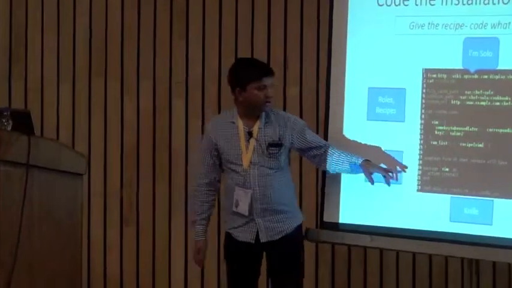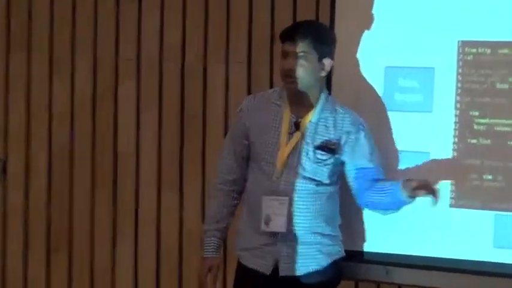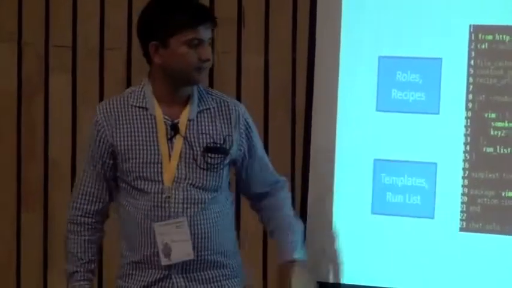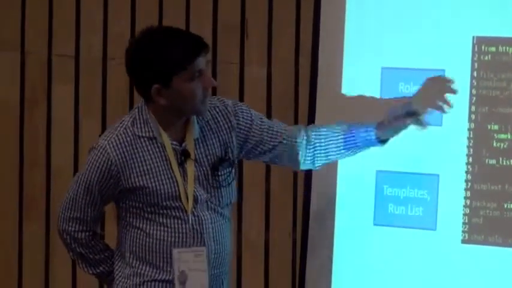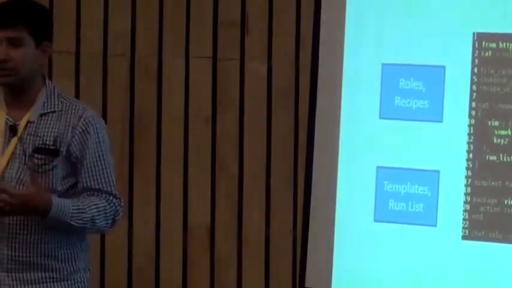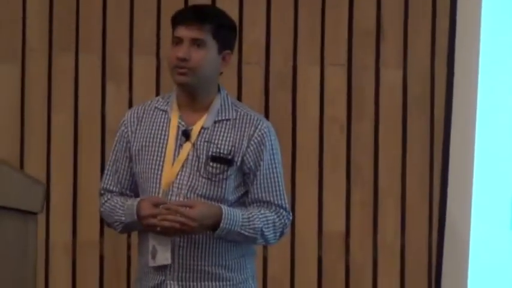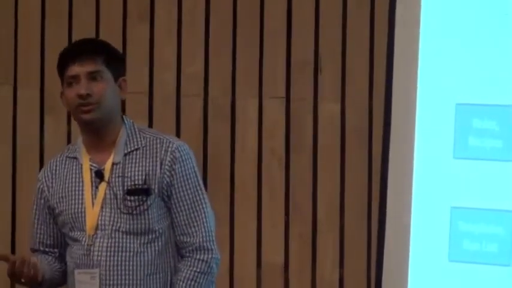For example, to install a package Vim, we just say action equal to install, and it goes in some file. This is the lowest part, and then there are things like which machine has which roles. A web server machine will have 3 softwares, and a DB machine will have 4 softwares. We just have to name that this machine has these roles, and when you run the Chef client, it installs those packages.